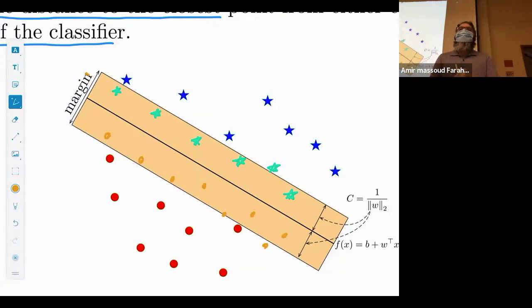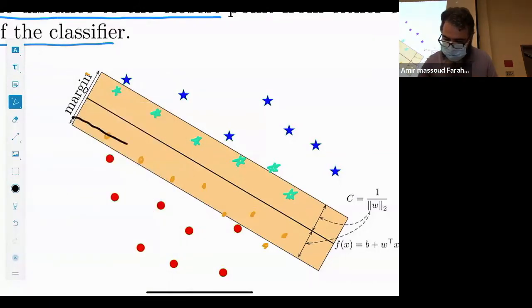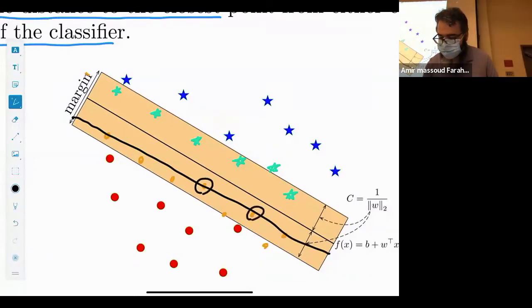So if the hyperplane is very close to one of the sides, the chance that many of these other orange points, or red points actually, fall to the wrong side of the classifier would be increased.